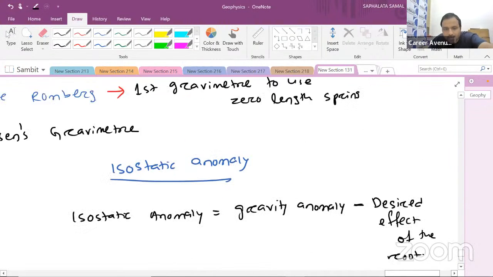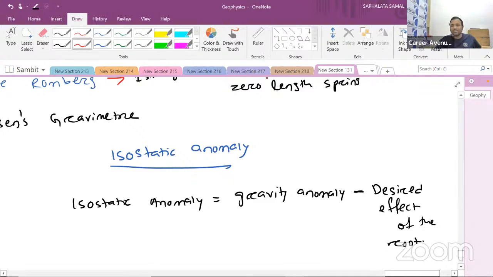Anyway, we are discussing the isostatic anomaly. This is the formula: gravity anomaly minus the desired effect of the root. Now here we have to know about the isostatic theories, like Airy's and Pratt's theory.